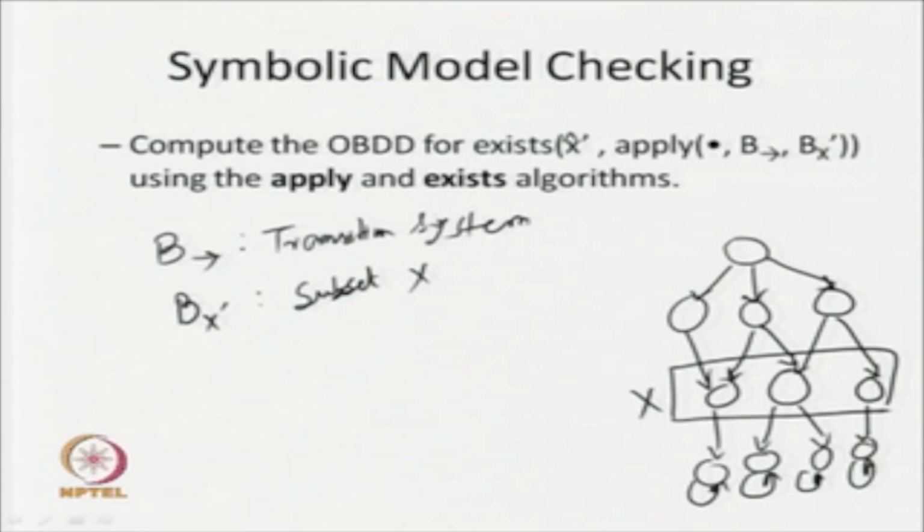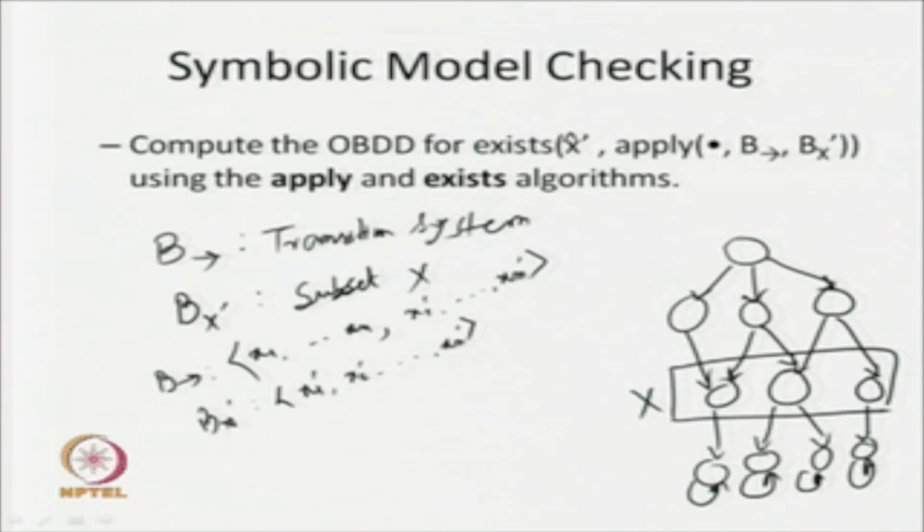Now, in B arrow, the BDD of the transition system, we are having all the variables x1 to xn and x1 prime to xn prime. All the variables are available in B arrow, and in Bx prime we are having the prime version of the variables. Okay.